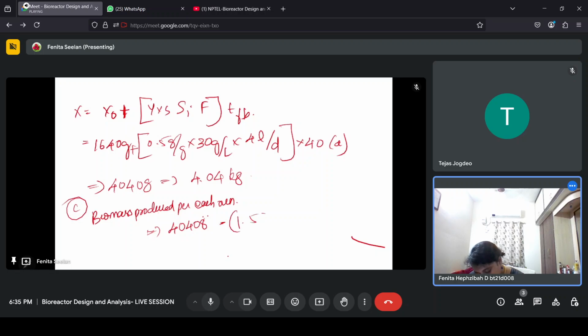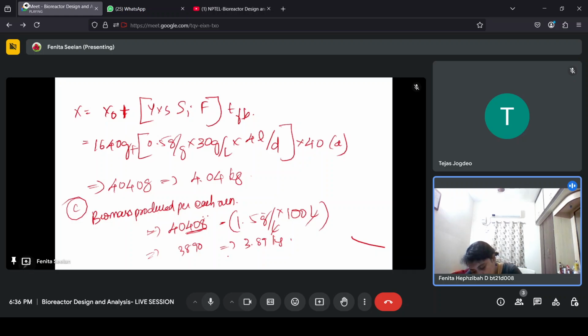That means 1.5 was the X naught into 100 liter. That's nothing but 150. So it is 4040 minus 150 is 3890. Which is nothing but 3.89 kgs. So the mass of the cells produced in each reactor run is equal to the final biomass of the fed batch minus the initial biomass used for inoculum.